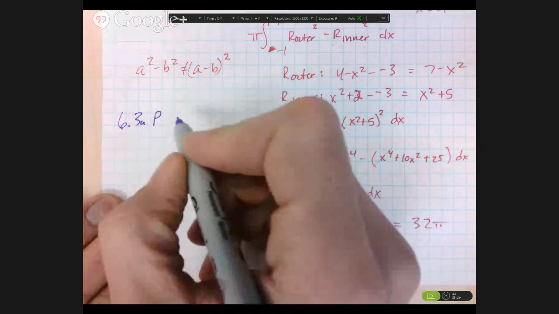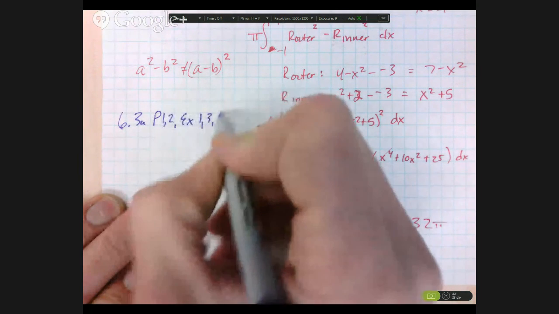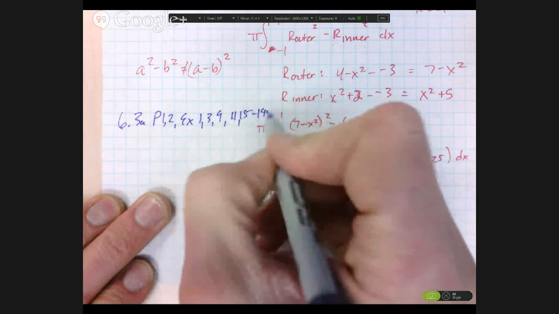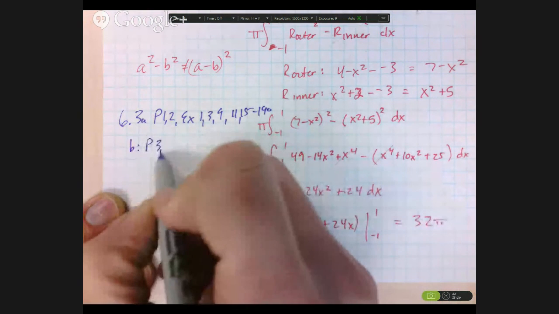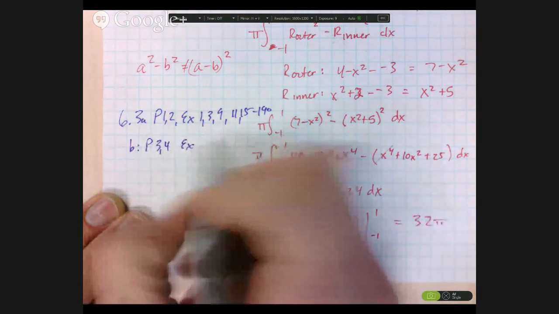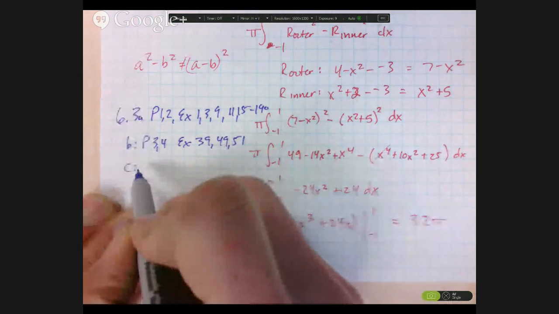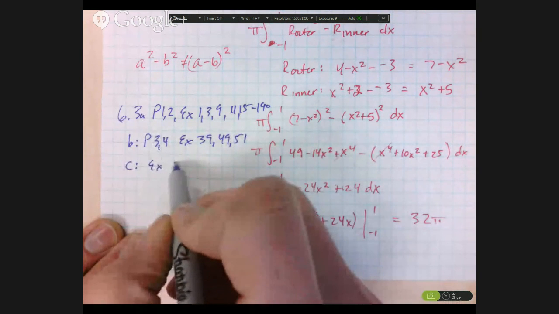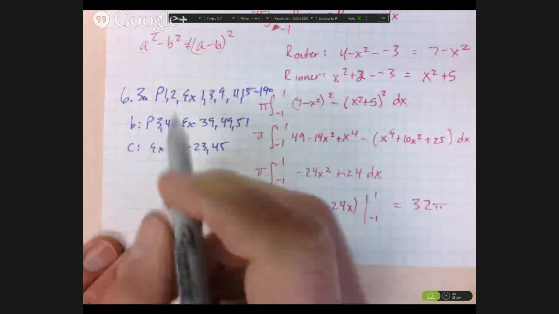Okay, so part A, prelim 1 and 2, exercises 1, 3, 9, 11. Part B, you can now handle part B. Part C is vertical integration.